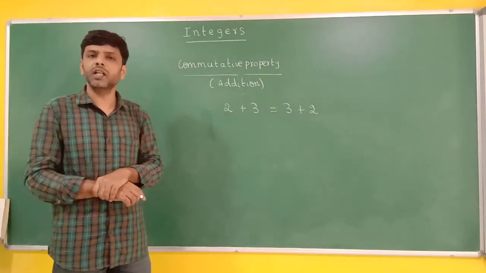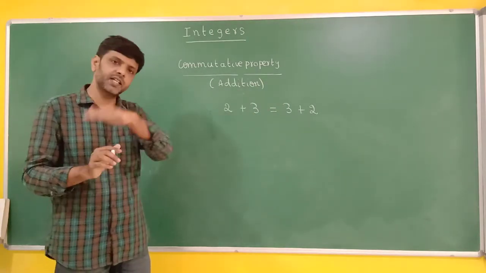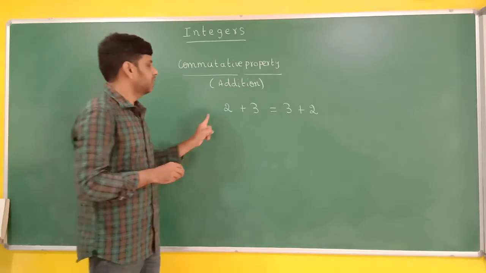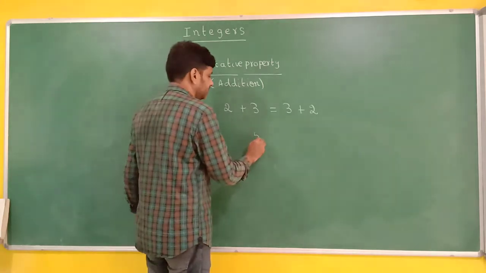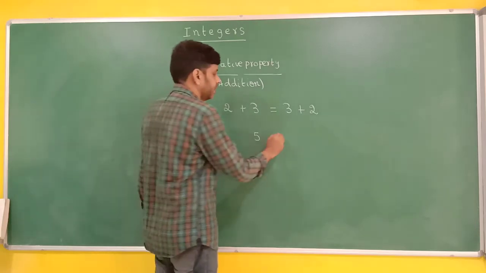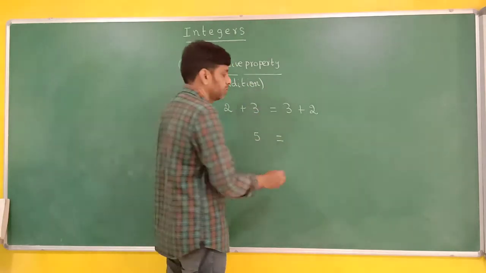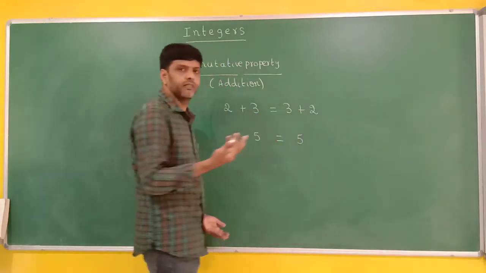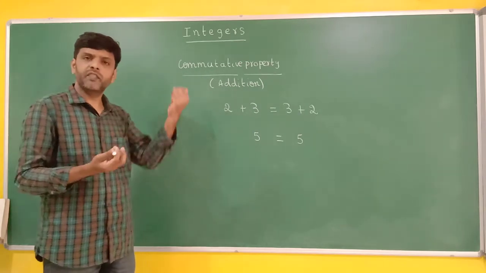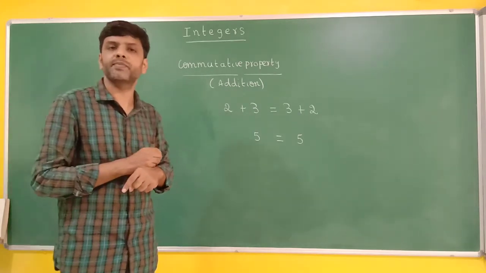Now, after changing the order, I am going to add. What is 2 plus 3? 5. What is 3 plus 2? 5. Even after changing the order, we are getting the same sum.